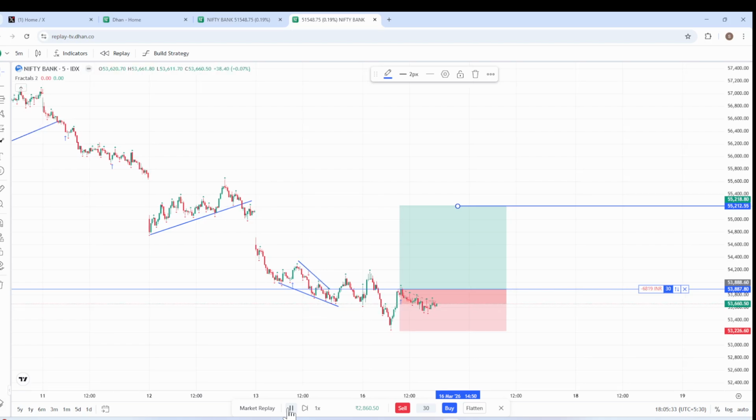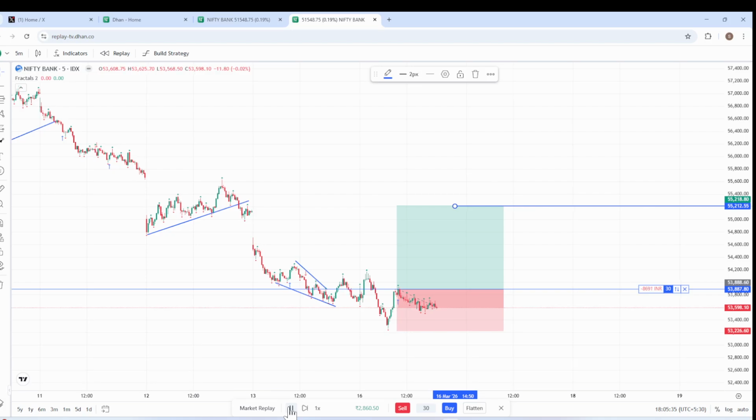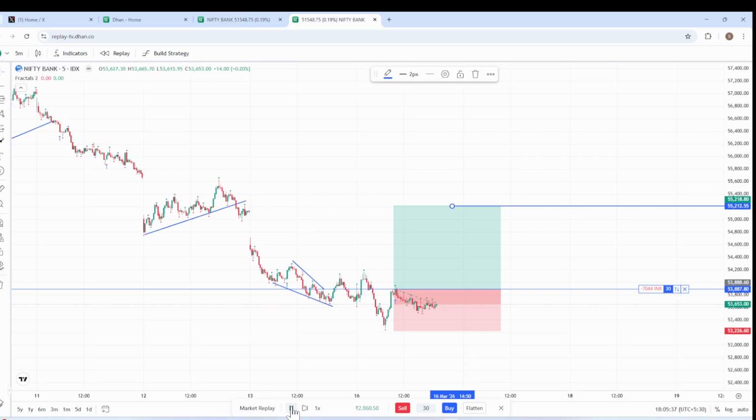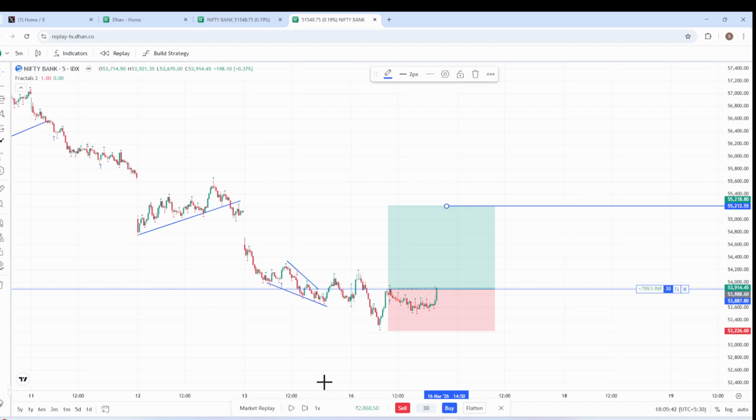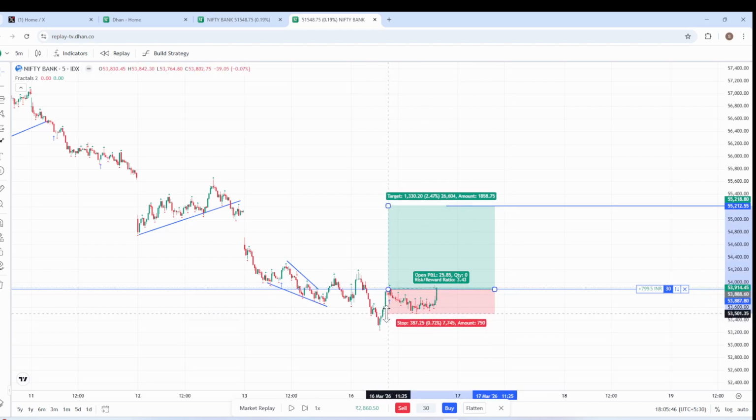It has almost made a 50% low. 50% of its trend has been consumed. Now it came back to the cost. Now our stop comes back to this low. This becomes our stop, right? So now let's see.